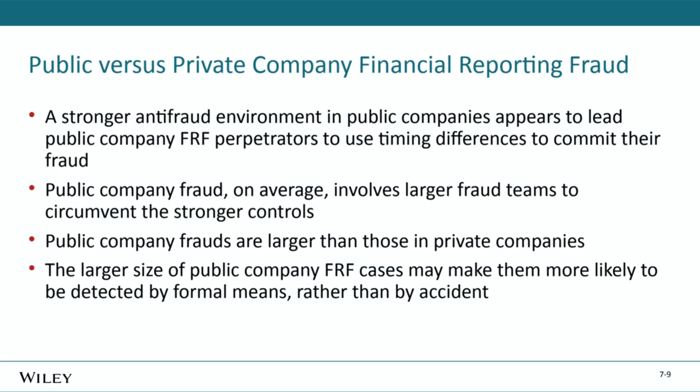There's a stronger anti-fraud environment in public companies, which appears to lead public companies' financial reporting fraud perpetrators to use timing differences to commit their fraud. So public company fraud on average involves larger fraud teams circumventing stronger controls.